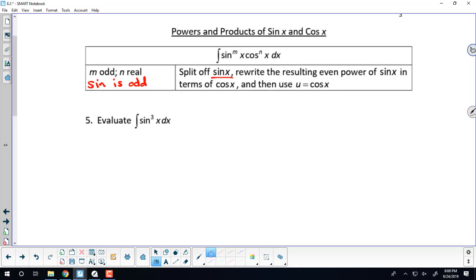So let's see how this works. We're going to say that this is the antiderivative of sine squared, because we're going to split off one of the sines and put it with our differential. So that's like our du. Everything we split off and put with a differential is like our du.